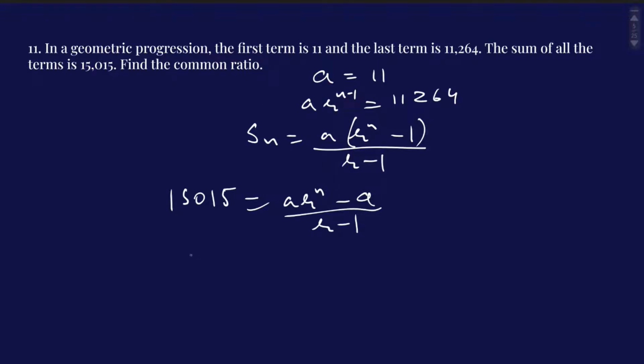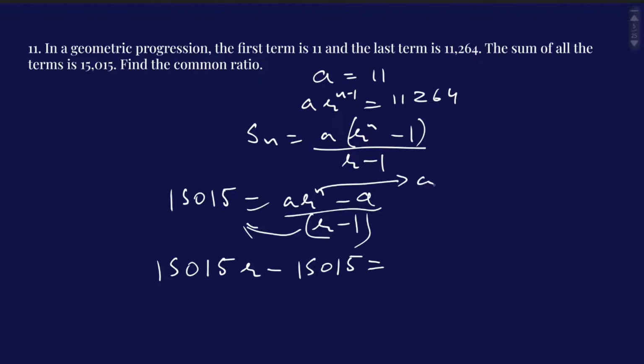So if we take this to the left hand side, it is going to be 15,015 r minus 15,015 equals a r to the power n minus 1. So we can write this as a into r to the power n minus 1 into r.